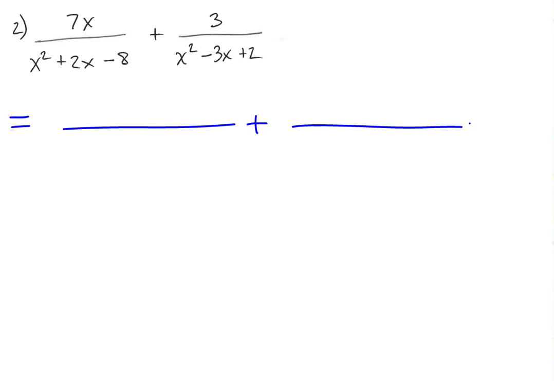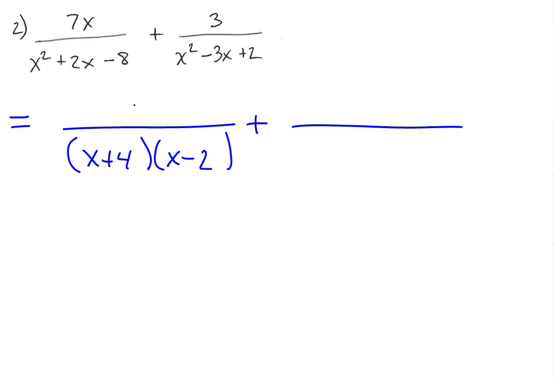And to do so, we'll just recall our factoring method. These are 3-term polynomials. You could do guess and check, product sum, those things. That first original fraction with the x squared plus 2x minus 8 could be factored into 2 binomials, which would be an x plus 4 and an x minus 2.